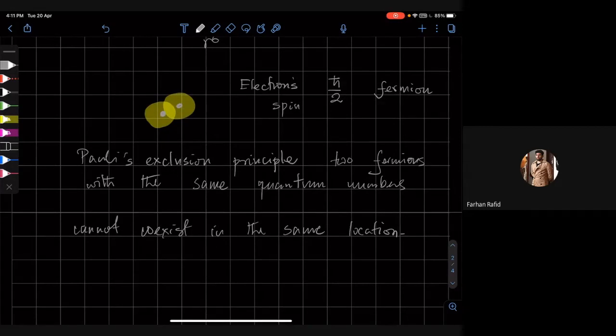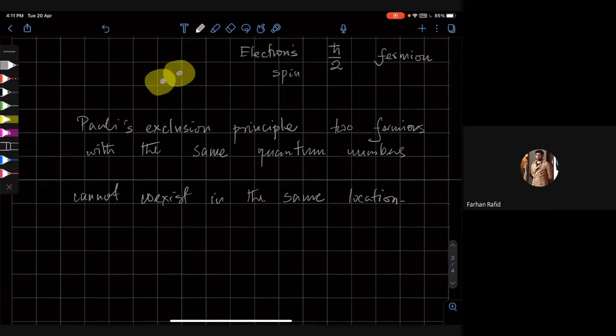Pauli was a very interesting guy. So was Fermi, but Pauli was more interesting than Fermi. Pauli probably caused Professor Abdus Salam to miss a Nobel Prize.